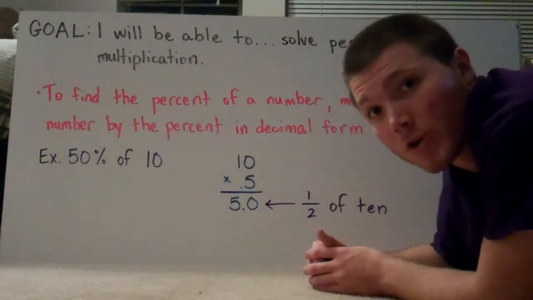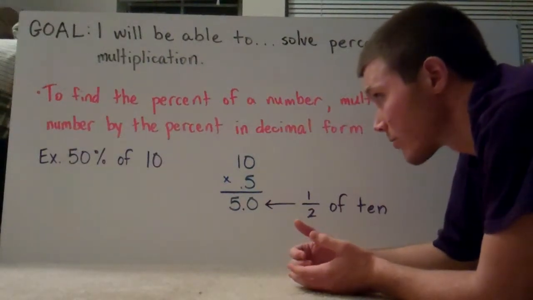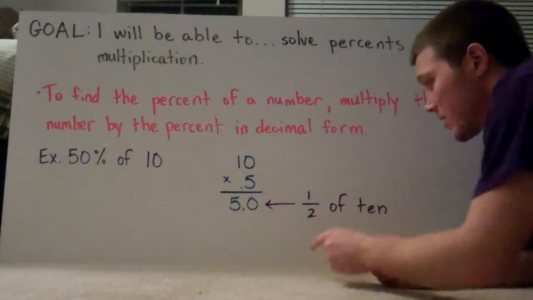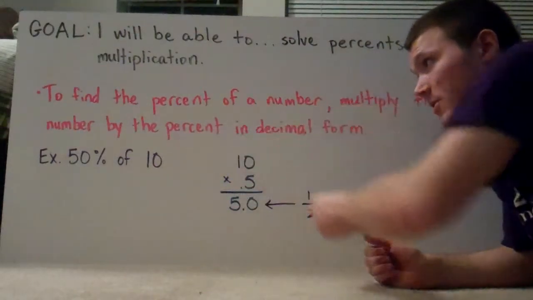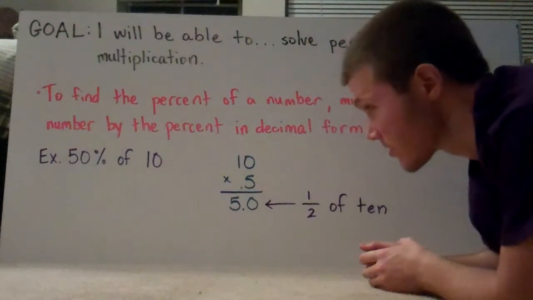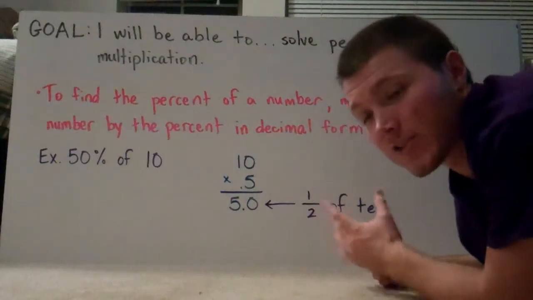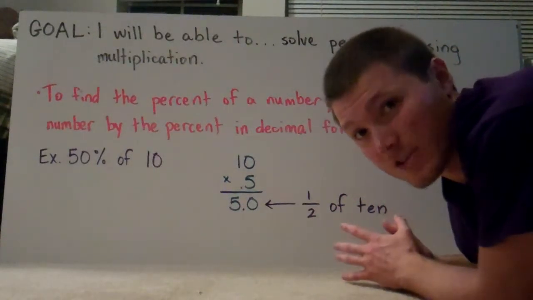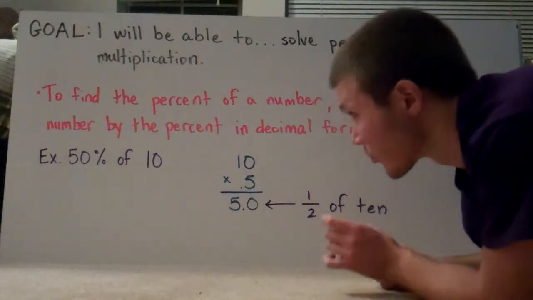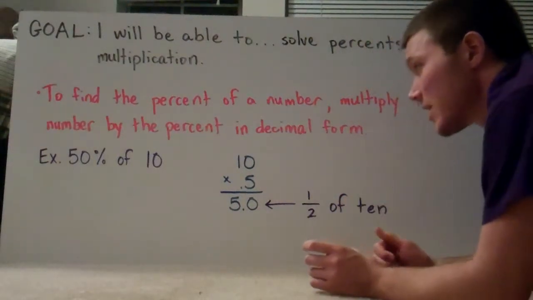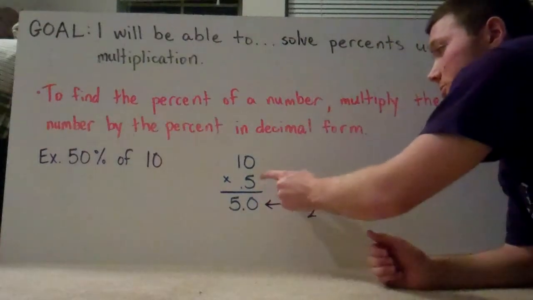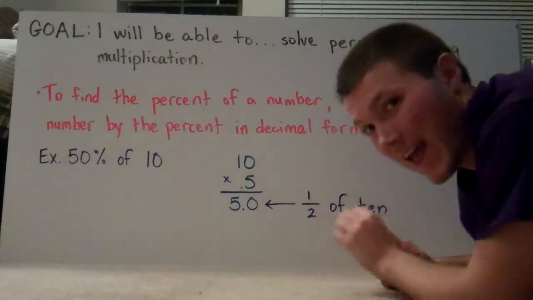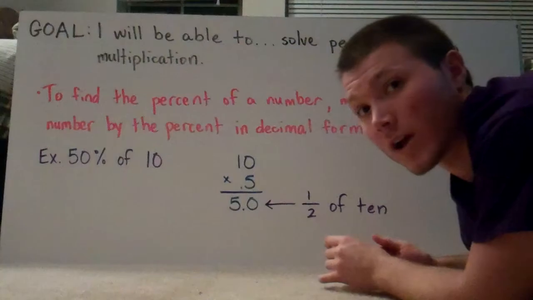And I get 5.0, or just 5, which, if you look back, is half of 10, 50% of 10. So that's why this works. You just take the number you're finding the percent of, multiply it by the percent, but in decimal form. That's really important. It has to be in decimal form or it's not going to work out.